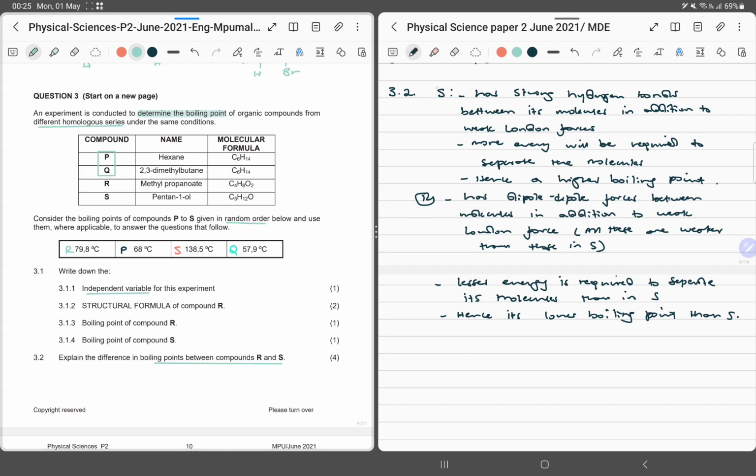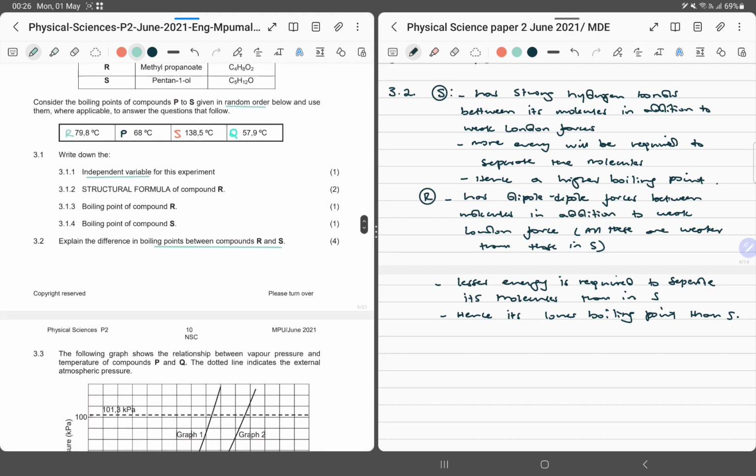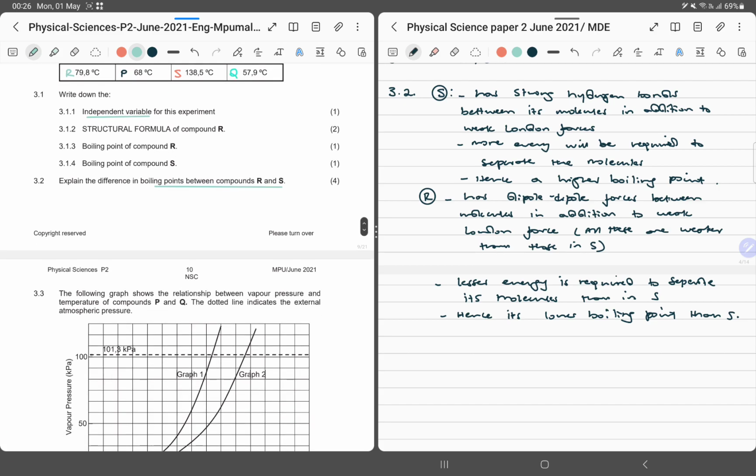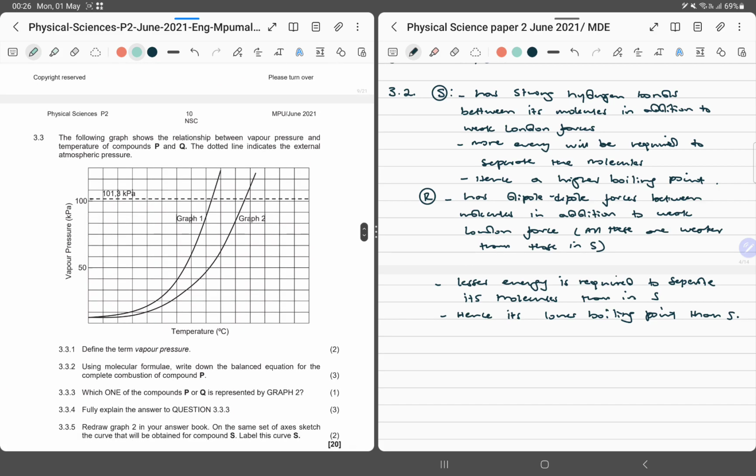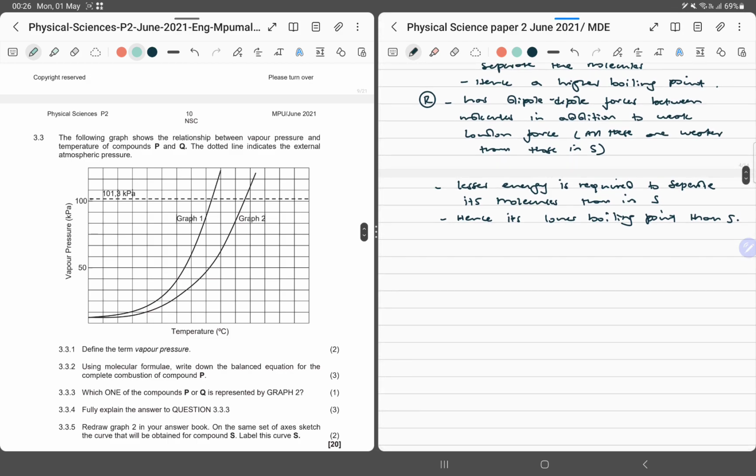You can consider both or just one at a go. It's absolutely up to you how you want to attack this thing. But whatever you do, make sure you talk about intermolecular forces, because boiling point is linked to intermolecular forces, not intramolecular forces.